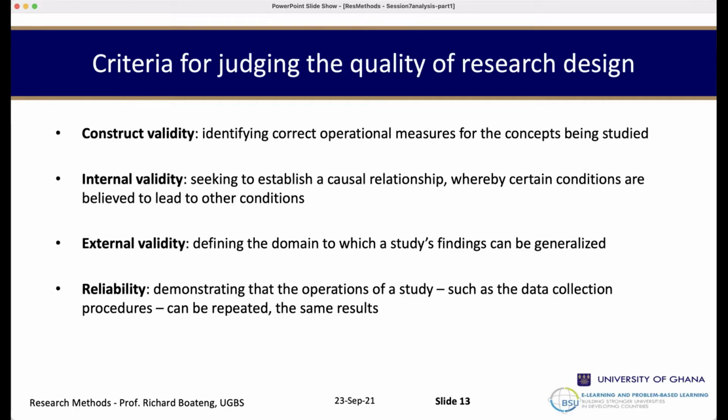Then we have internal validity. That means that every piece of information you are obtaining is internally valid. There is enough information within the case itself to corroborate whatever you are looking for.